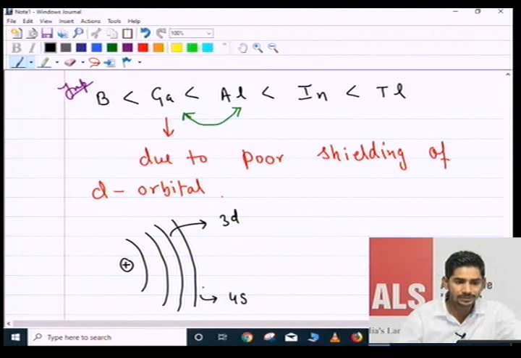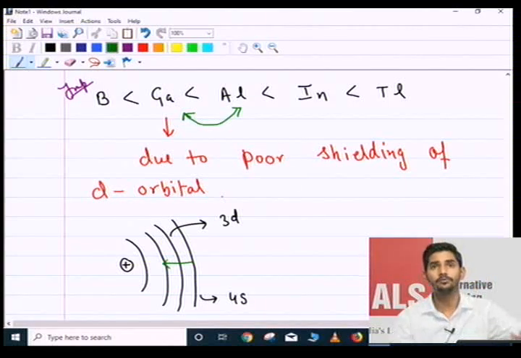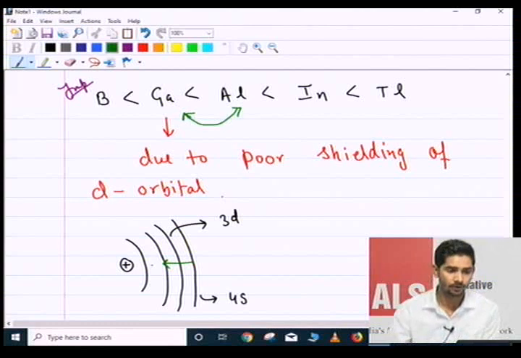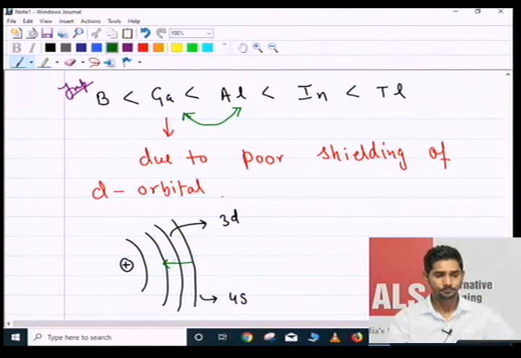Okay, guys, look at this. Net, if I talk about net, there is interactive force, means net force is towards the inwards, which is by the nucleus. Now, if I talk about the 3d over here, that 3d has very poor shielding.